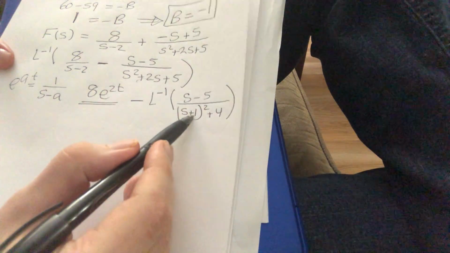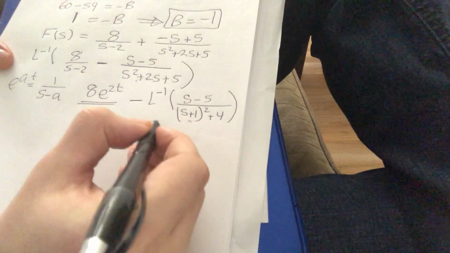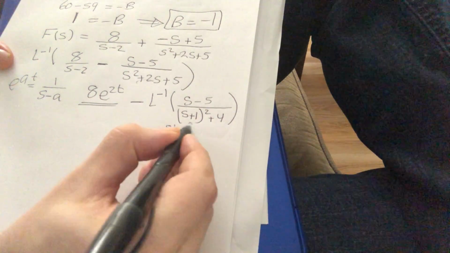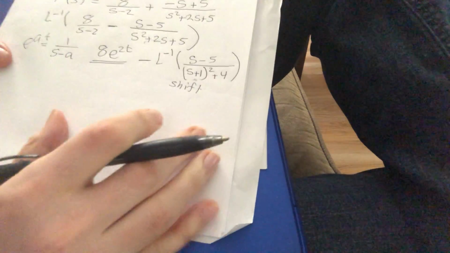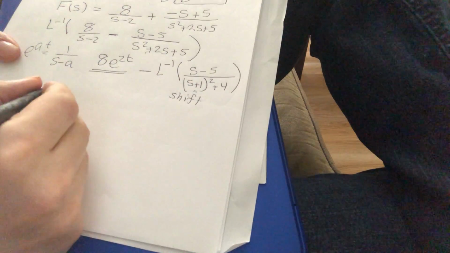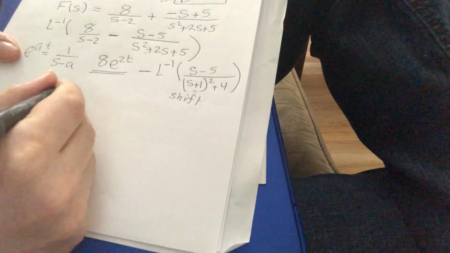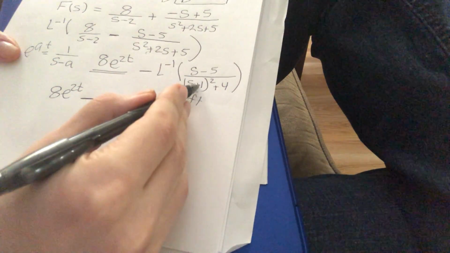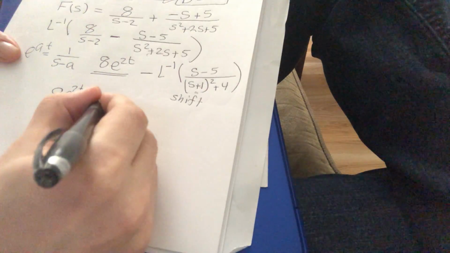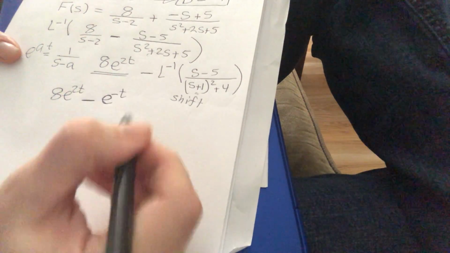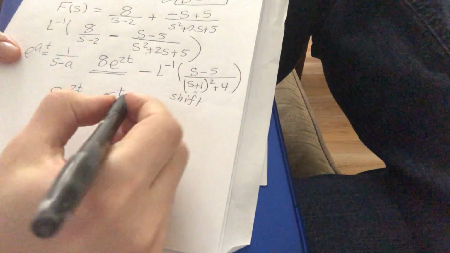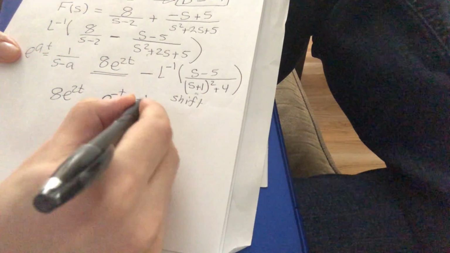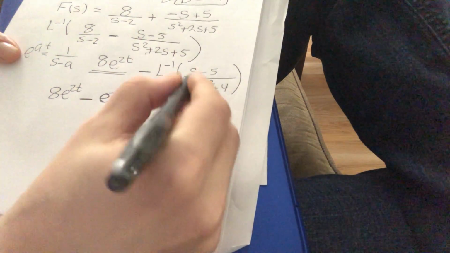Now right away, you notice that there is a shift. So we need to get rid of the shift. So we have 8e to the 2t. Getting rid of the shift, you're bringing everything back 1. So that becomes e to the minus t. So I took care of the shift. Now we're left with the following.